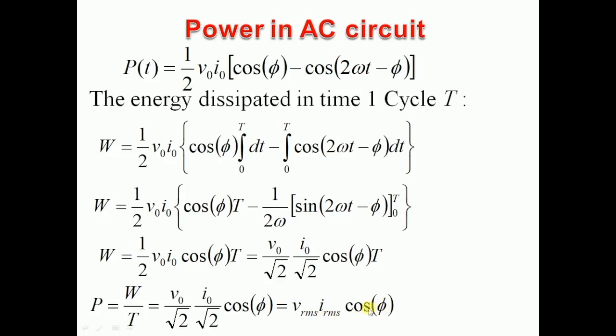If phi is 0, cos of 0 will be 1, and if phi is plus pi by 2 or minus pi by 2, then the cosine of that value will be 0, and no power will be delivered in a pure inductive as well as a pure capacitive circuit. But if the value is intermediate, then definitely the power factor will be non-zero.